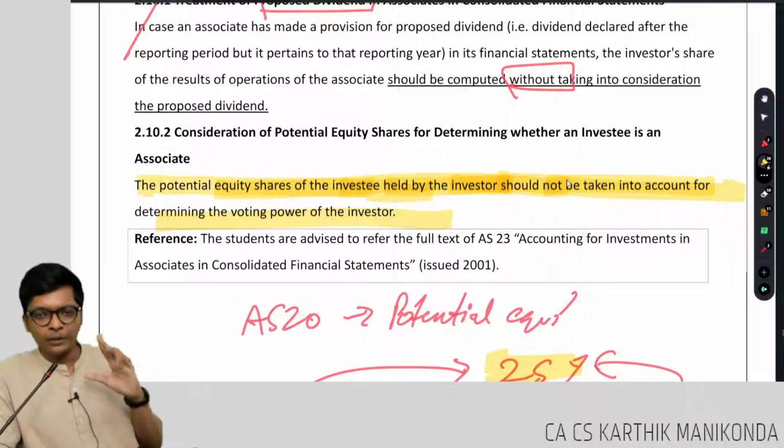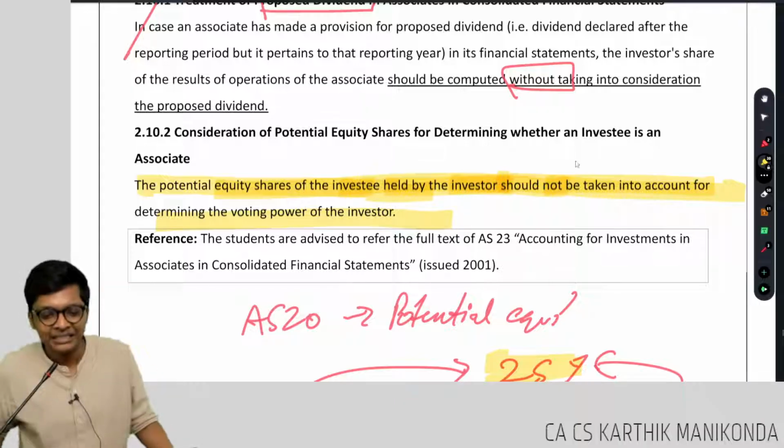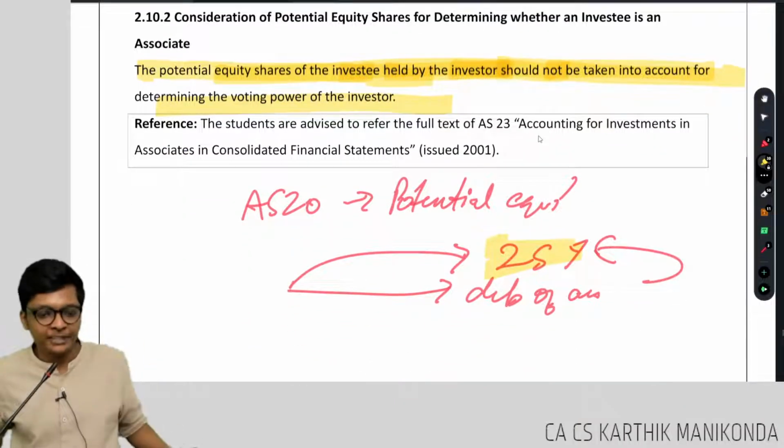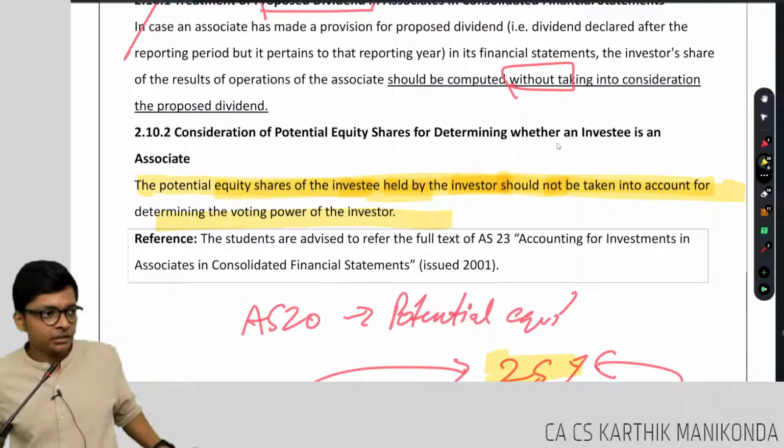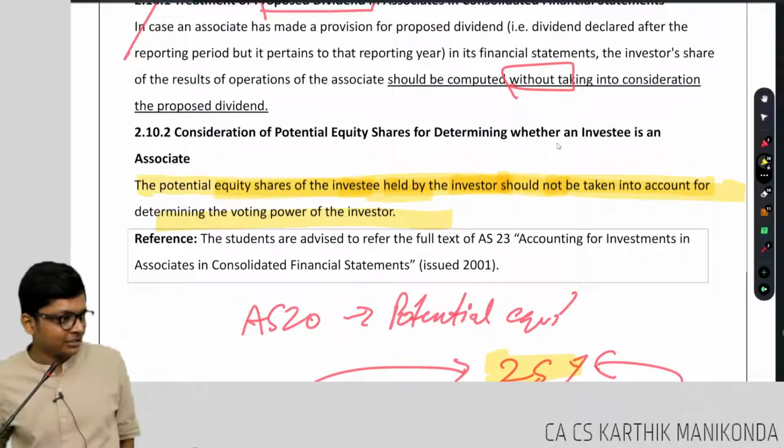Then only one last concept in sums. Step acquisition we will do with MCQ. Can we go to MCQs, guys? Hello, Rajaram. Yes, can we go?